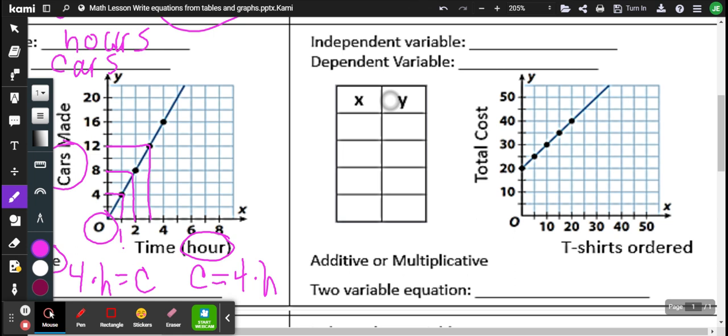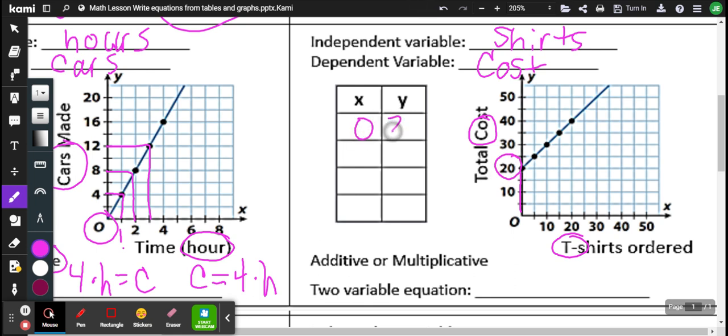T-shirts ordered. We could use shirts, and that will determine the cost as the output. Depending on how many shirts we order, what the cost is going to be. But it looks like there's a starting charge of $20.